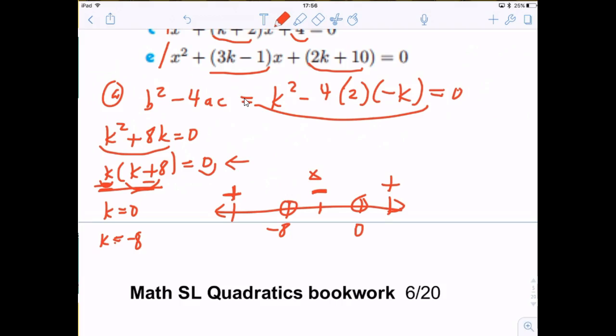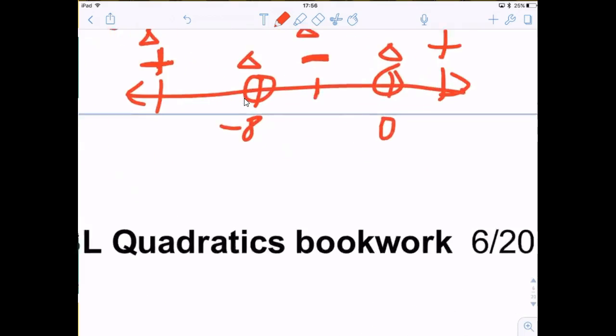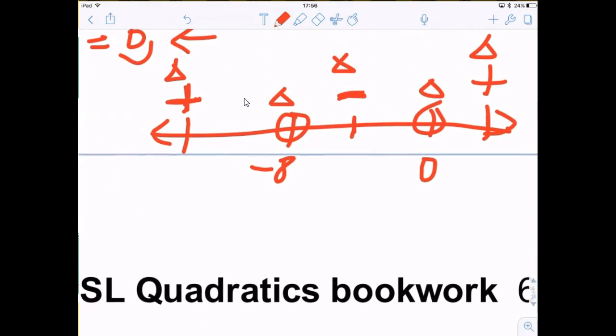Okay, so now I know what values of k give me certain values of delta. So this is delta negative, delta positive, delta 0, and delta 0. And I can write that out. I could write that like k is equal to 0 and -8 gives me a delta of 0, which means 2 repeated roots.